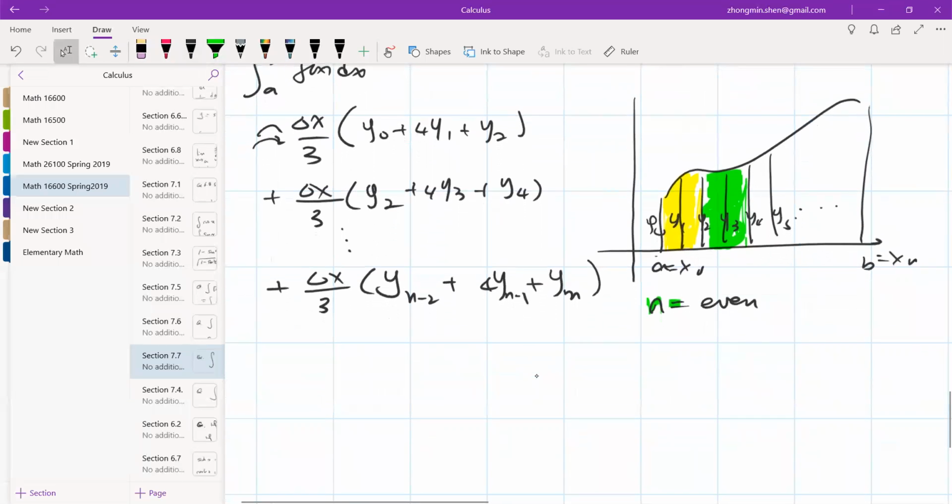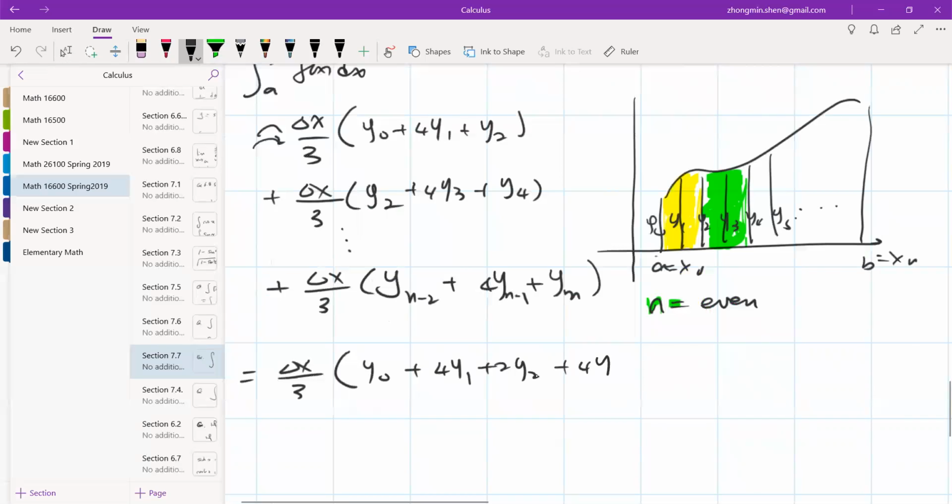So this is a good estimate for the area under that region. Now, when you combine them together, you find out the formula: y0 and 4y1, then you have y2 twice, so double y2.